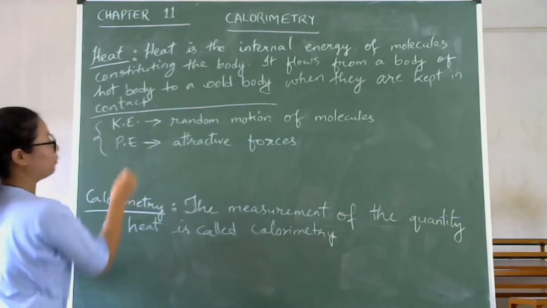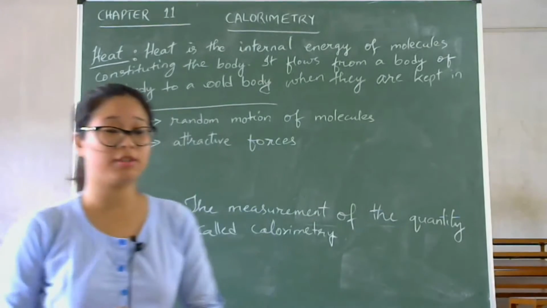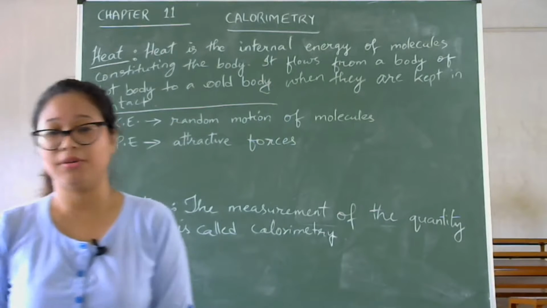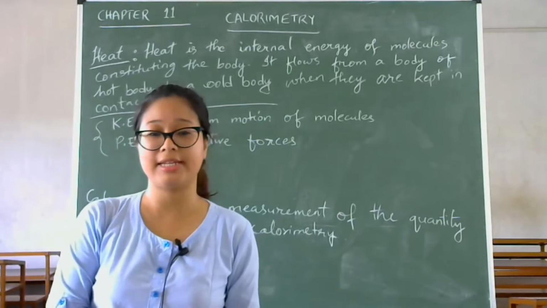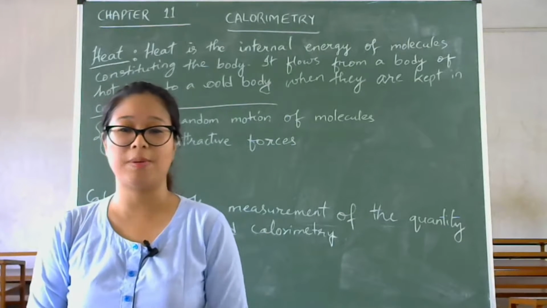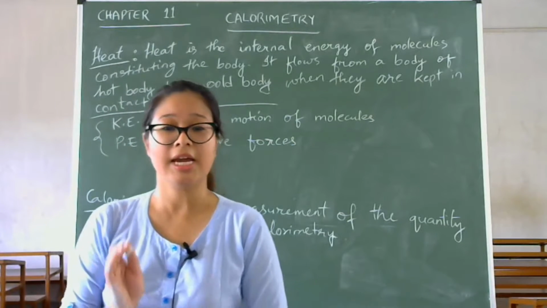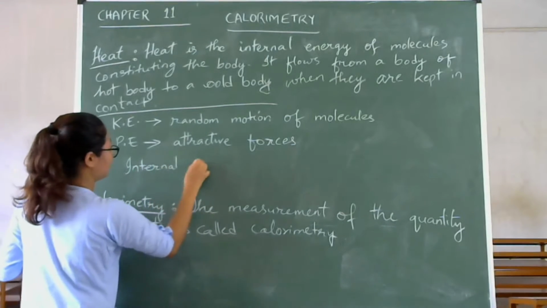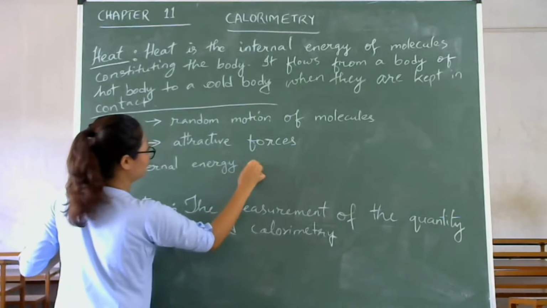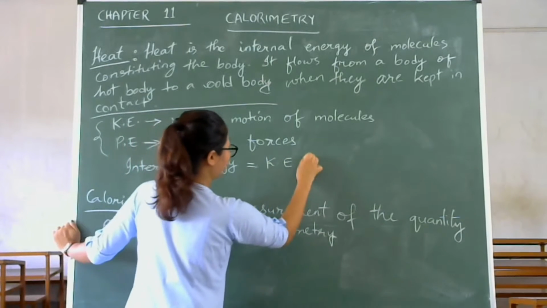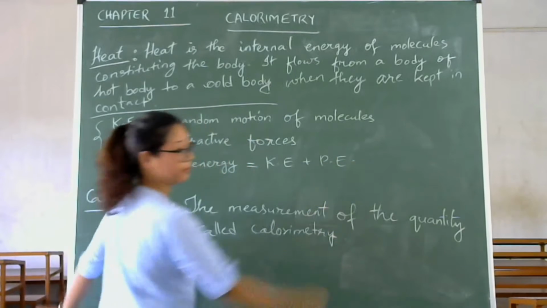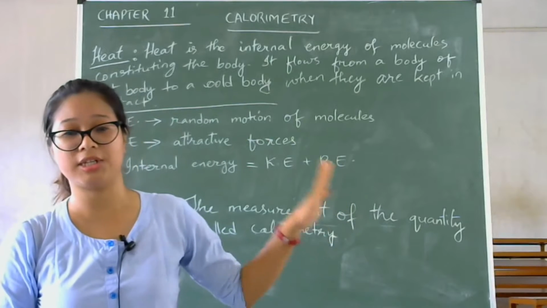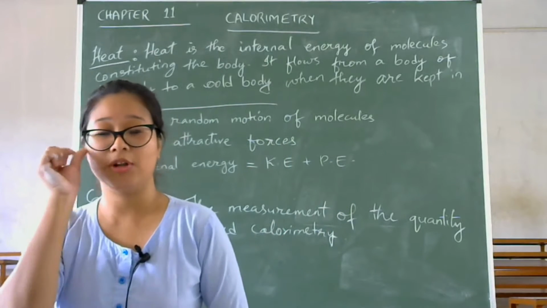So the molecules in a substance have both kinetic energy and potential energy. Now, the sum of kinetic energy and potential energy of a molecule is known as its internal energy. That is, internal energy is equal to the sum of kinetic energy and potential energy.